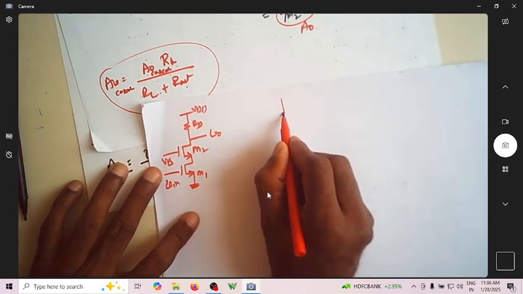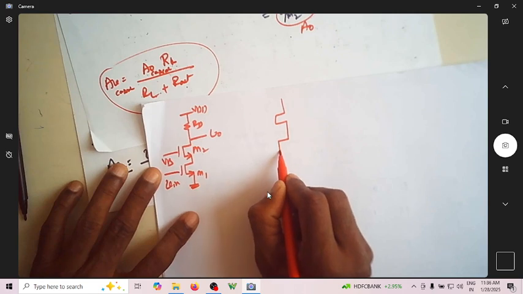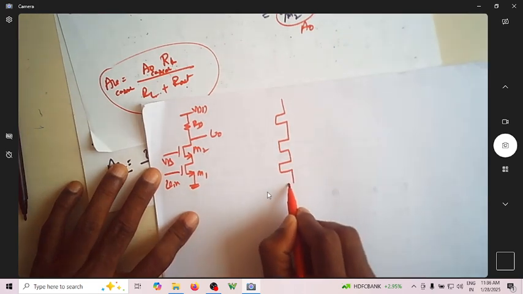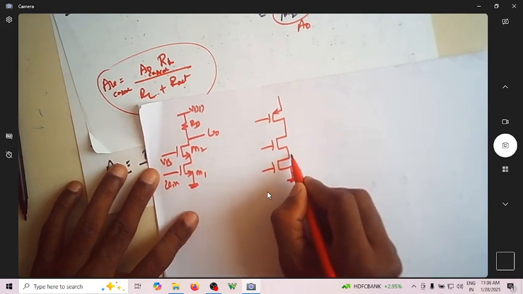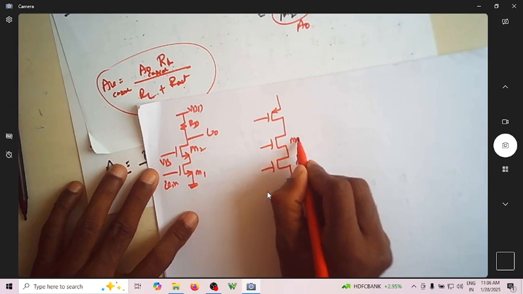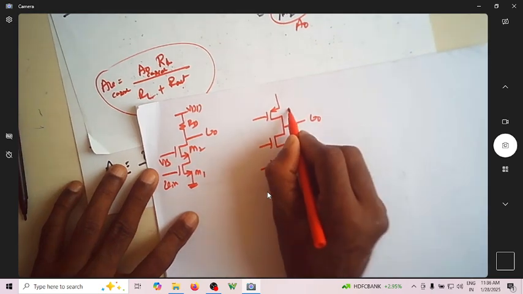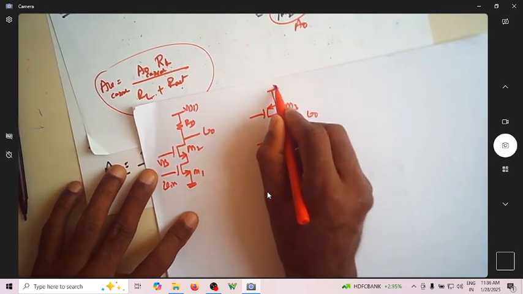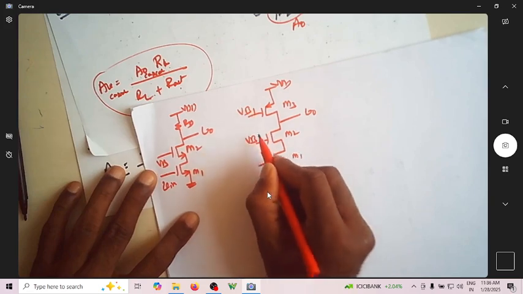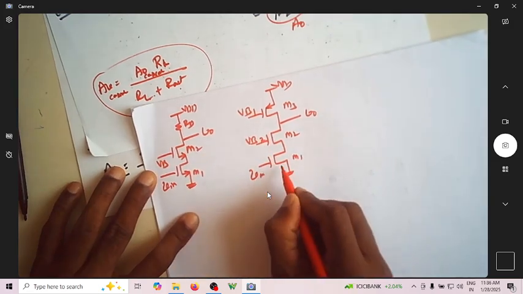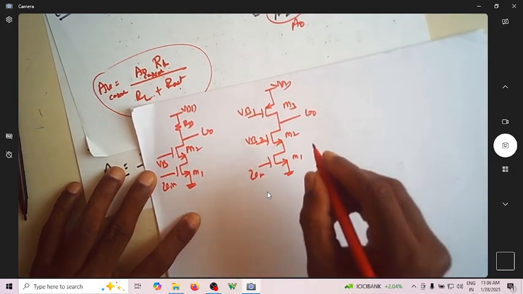And it can be a cascode amplifier with R0 load. You can see this is M1, M2, V0, this is M3, this is VDD. You're connecting some bias voltage. Let me say it as VB1, VB2, and this Vin here. This is NMOS, this is also NMOS.